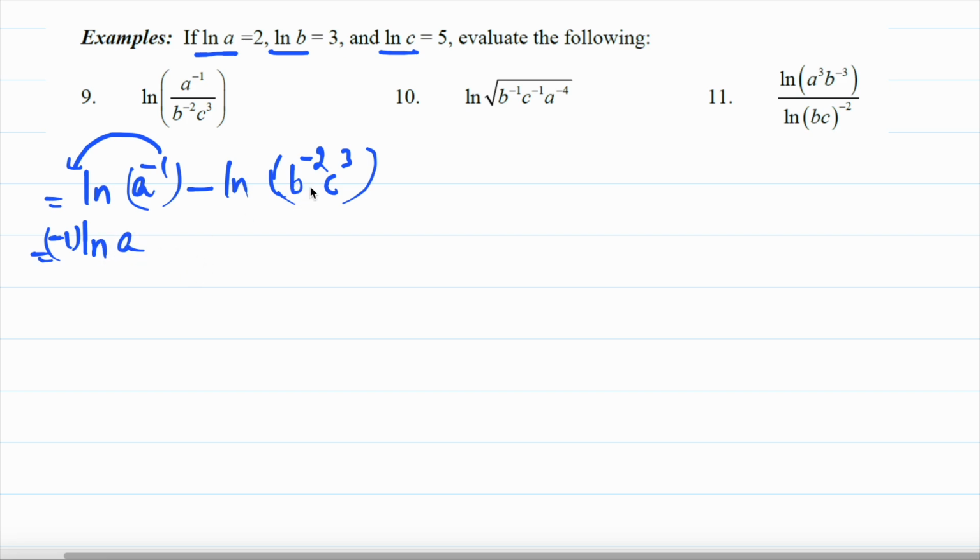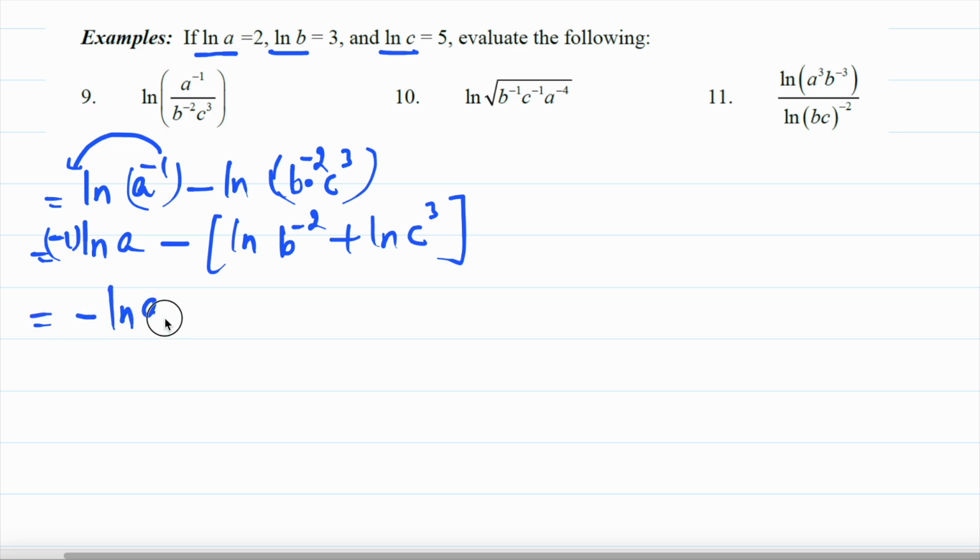Then let's apply the product rule here, log of m times n is log m plus log n. Remember, here we have negative 1, negative natural log a. Let's distribute this negative sign. It's going to be negative log b to the power negative 2, and then minus log c cubed.